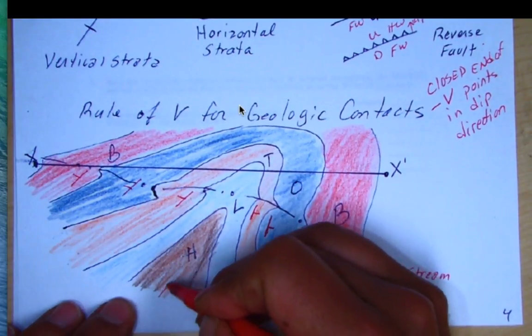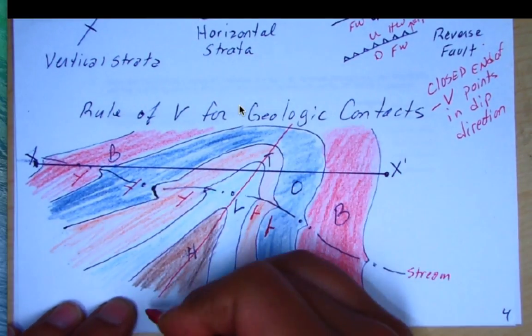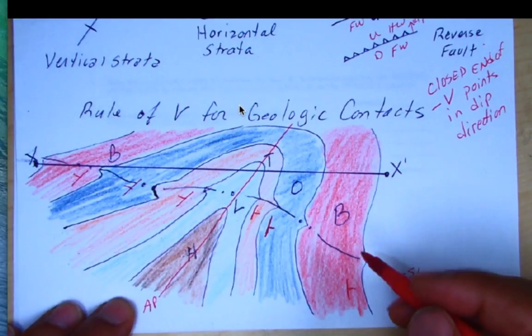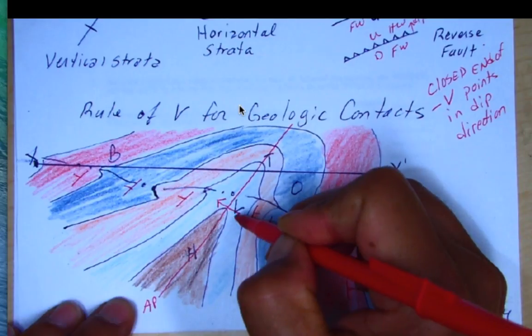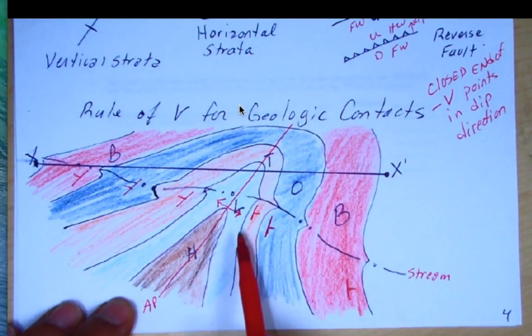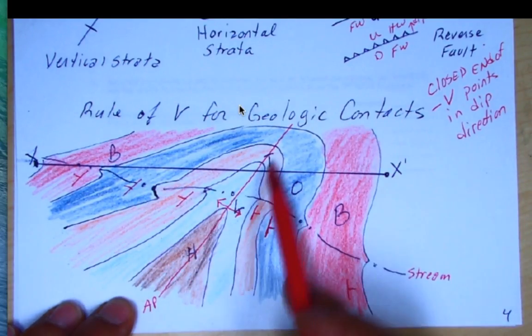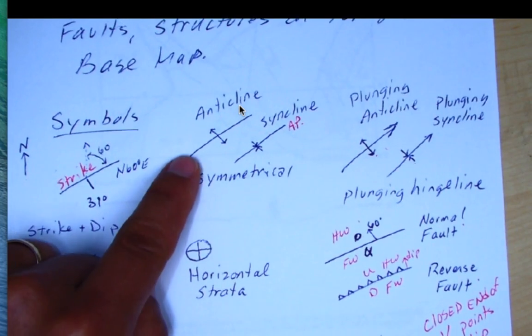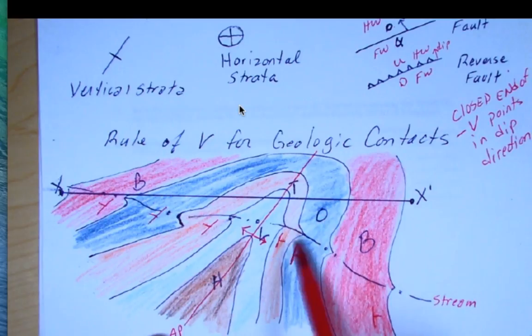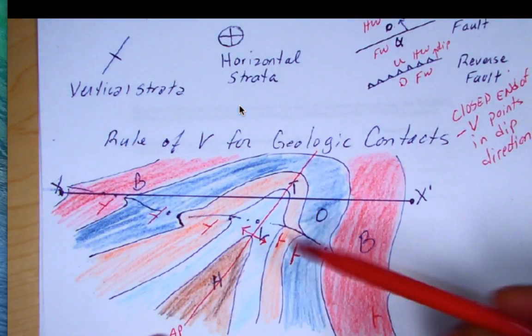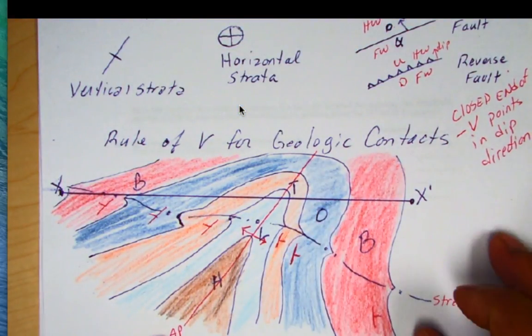If we draw the axial plane, I'll put AP for axial plane, and I'm going to show that the strata are dipping away from the center, right? So this is going to be some sort of anticline, because that's my symbol for an anticline. But this is actually a plunging anticline, so I need to figure out whether it's plunging toward the north or the south. We'll figure that out in a moment.